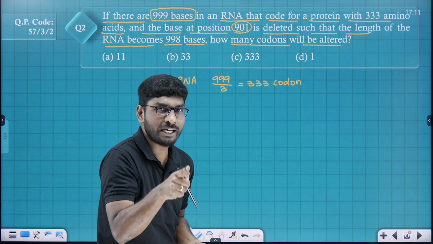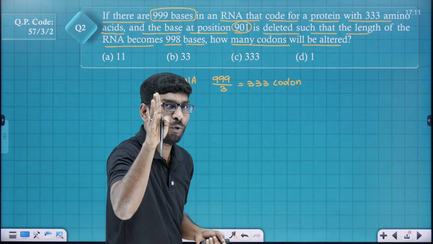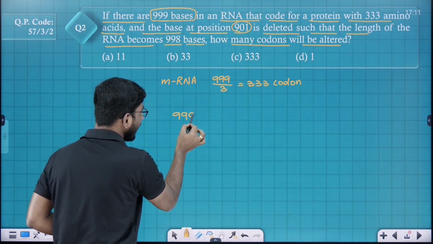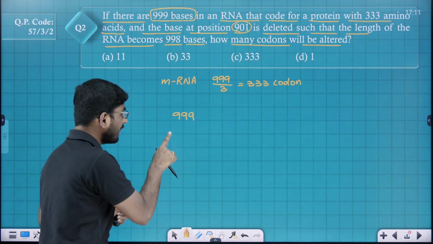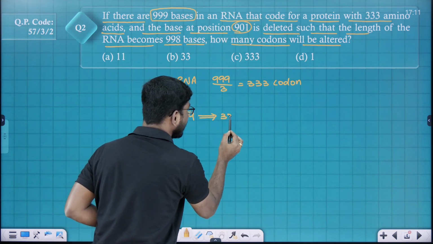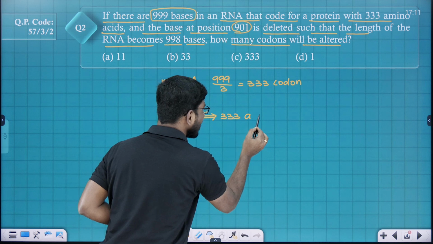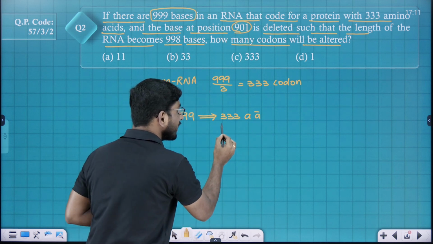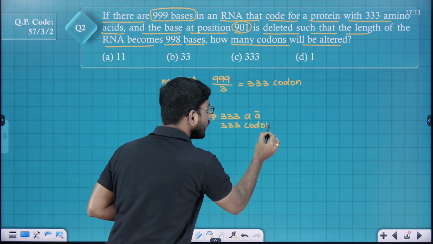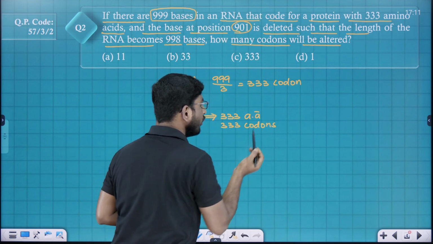One nitrogen base got deleted at 901. Fine. Total number of nitrogen bases is 999, which equals 333 amino acids. That means 333 codons, which will tell me the amino acids.